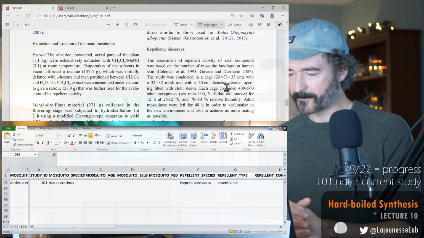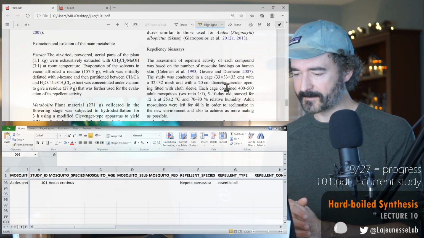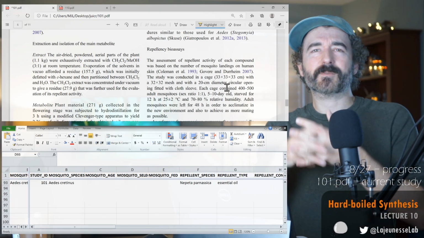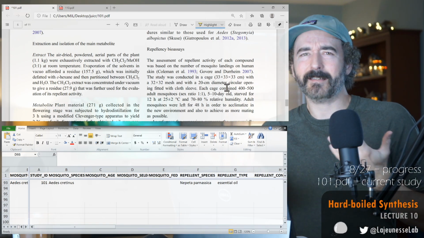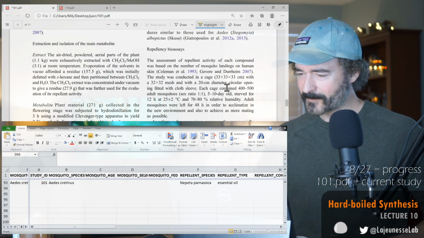Adult mosquitoes were left 48 hours in order to acclimatize. Okay, well, we know the males are not going to be attracted. Maybe they are. They do have some attraction, but why would they be attracted?